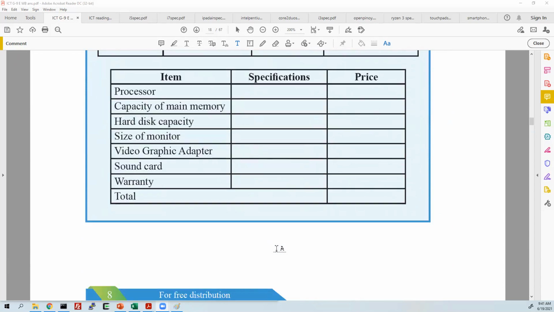Usually for 1 year, 2 year, 3 year, you have to pay more money if you are getting 3-year warranty compared to 1-year warranty. Right, now complete the table, calculate the total price for your computer, and then take a picture and WhatsApp me. Then we are going to continue.